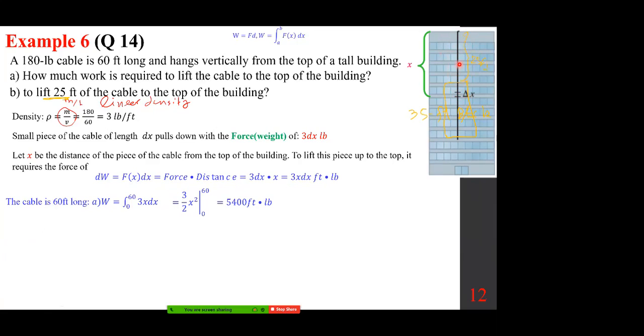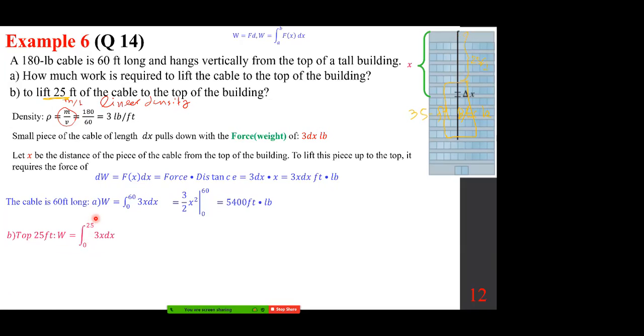As you pull it up, this portion keeps on changing weight. The total weight of this portion is not constant. It changes due to the fact that the portion goes up. So that portion is by integration. So the top 25, from 0 to 25, 3x dx.